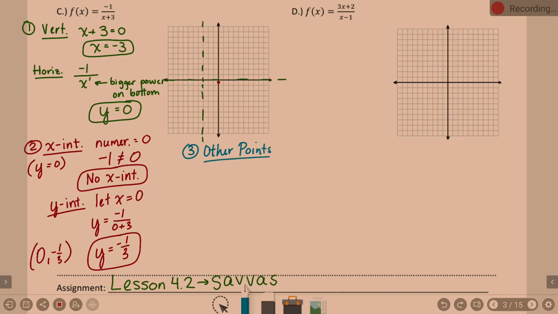Have you figured out what kind of other points I like to pick? I like to pick points on opposite sides of the vertical asymptote. So if my vertical asymptote is -3, I personally am going to pick -2 and -4.